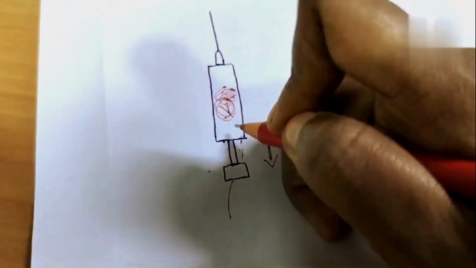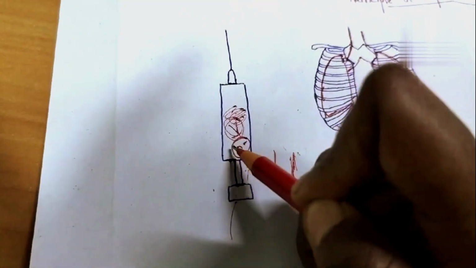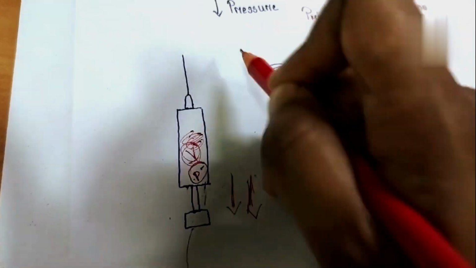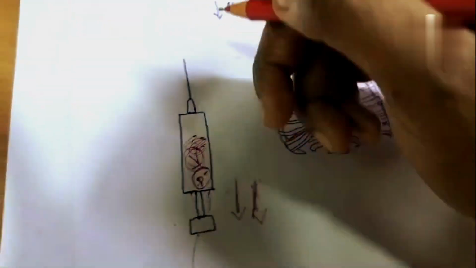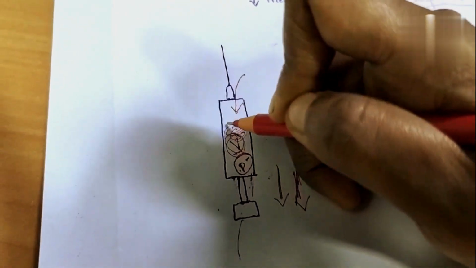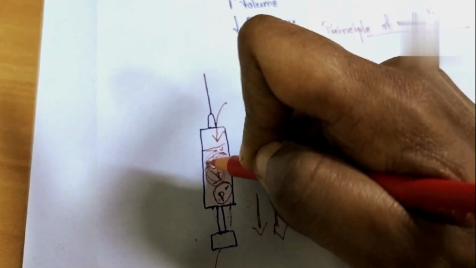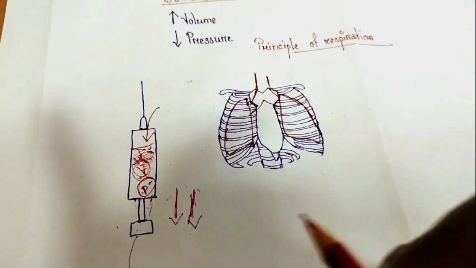While we pull it down, of course, the pressure inside the syringe will be decreased compared to the atmospheric pressure, right? And that's how the fluid is drawn in, or the volume of fluid inside the syringe increases. This is the basic principle of how inspiration and expiration work.